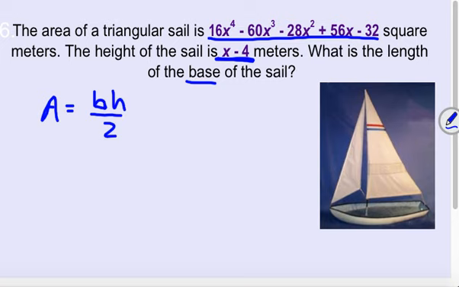There's the extra work. We definitely don't want to work with fractions, so eventually we're going to have to multiply both sides by 2. Okay, so area. Well, here's the area right here.